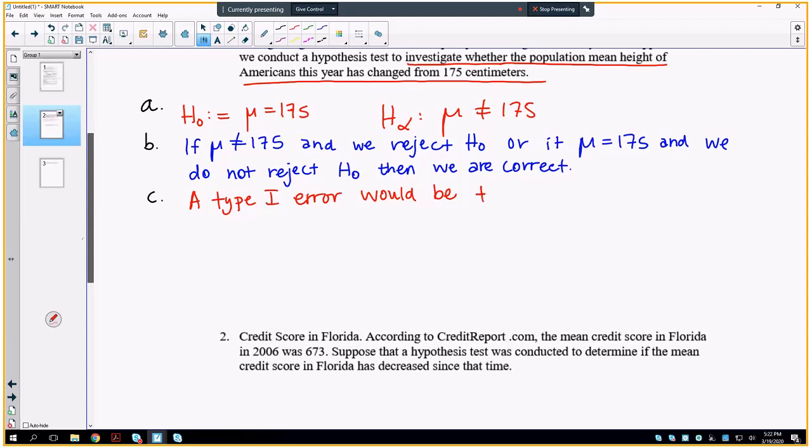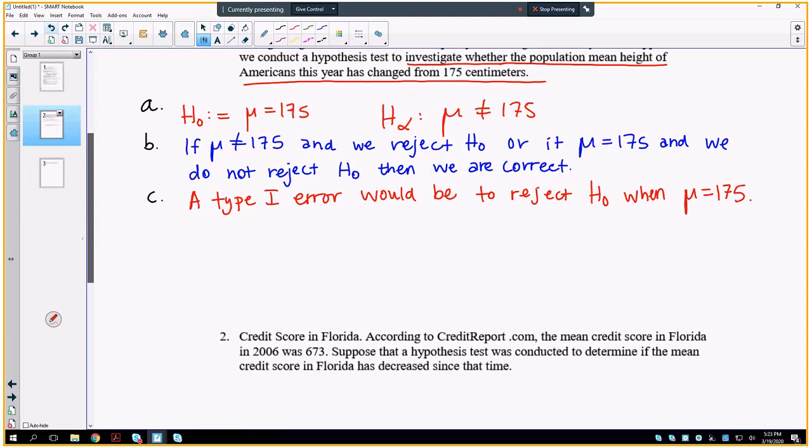So to reject H0 when H0 is true, which means to reject the null hypothesis when our mean is 175.